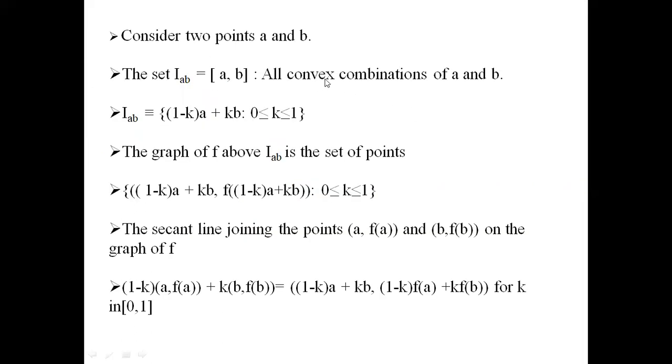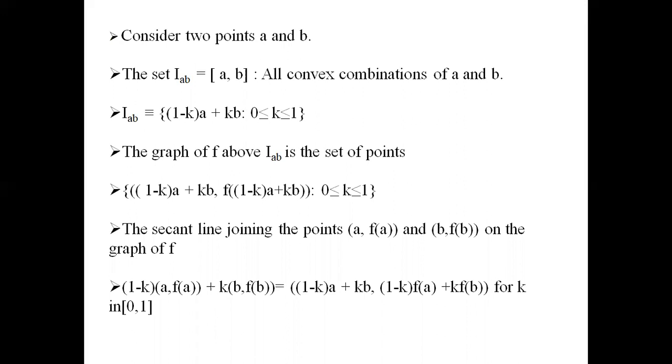All the convex combinations of A and B, I already said. So I_AB is the set of (1 minus k) A plus k B, where k is an arbitrary constant whose value lies between 0 and 1.